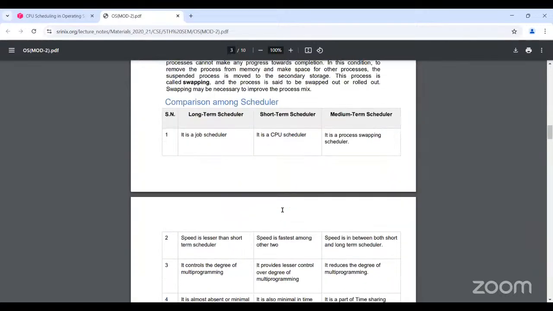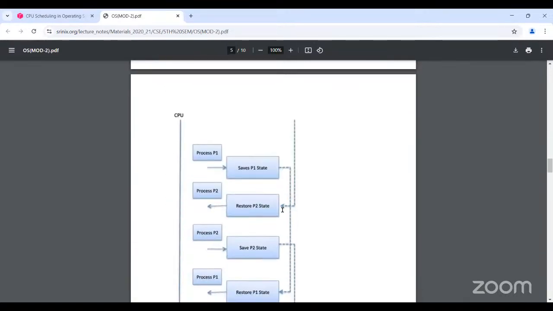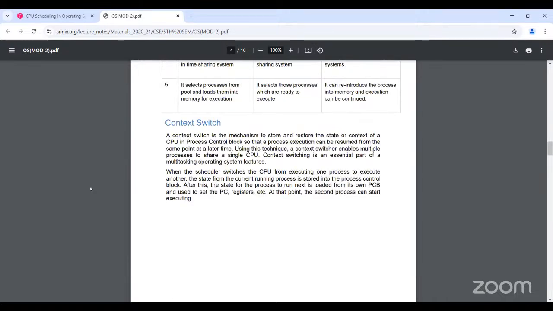Next one, see now here, context switch. Context switch is a mechanism to store and restore the state or context of a CPU in the process control block, which we can call PCB, so that the process's execution can be resumed from the same point at a later time.